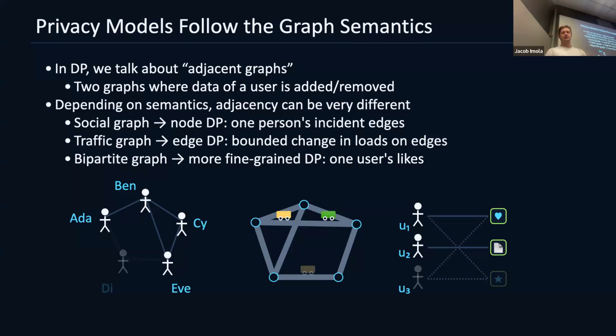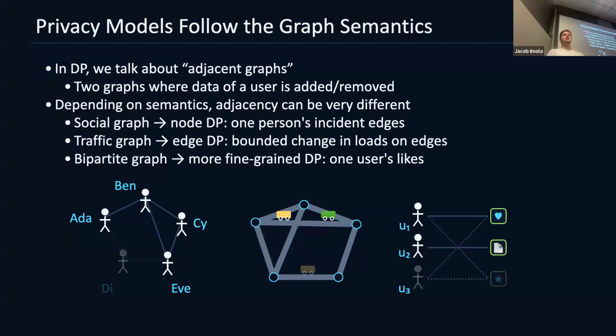In a graph that arises from traffic, usually the users are interacting somehow with the edges. So an adjacent graph would be one that has a bounded change in the edges. And in a more structured graph like a bipartite graph, you might need a different notion of differential privacy where the set of things that you like is public, but the nodes are private and you want to hide things that a user liked.